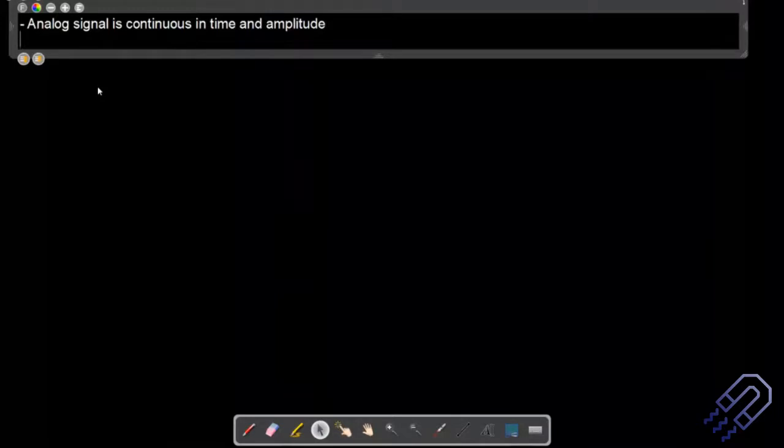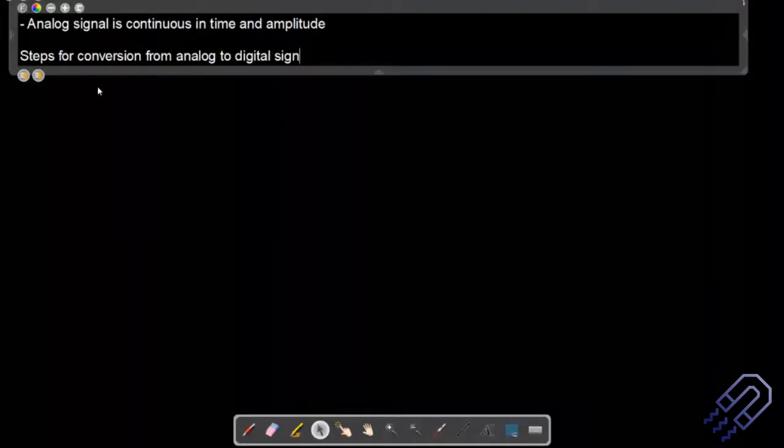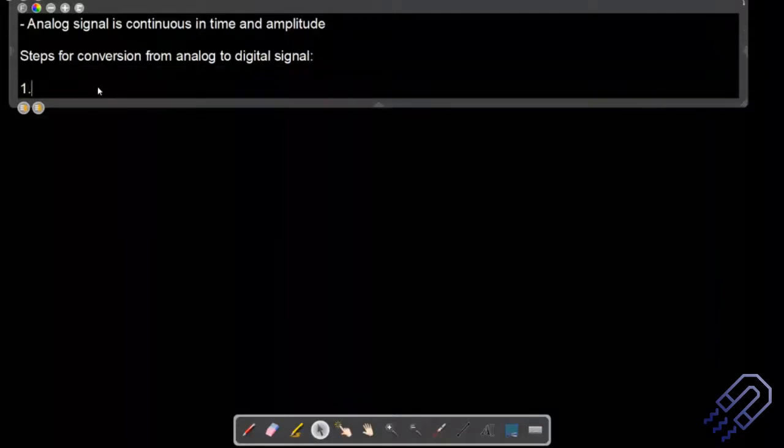So what we are going to look into now are the steps for conversion from analog to digital. There are basically 3 steps for converting from analog to digital signal.